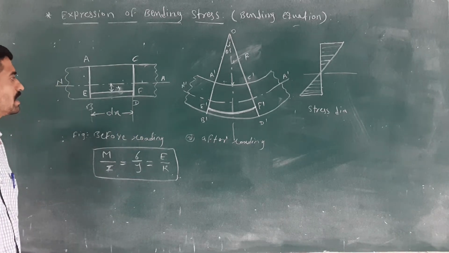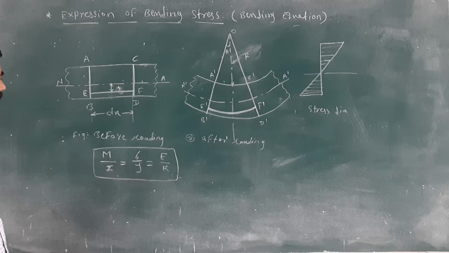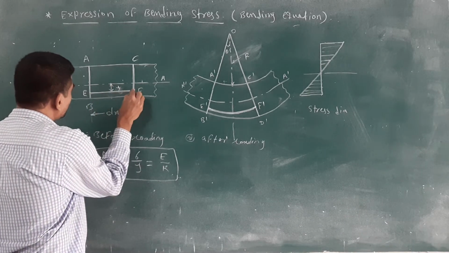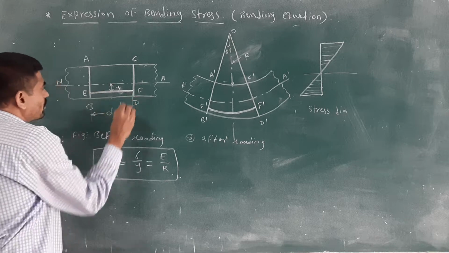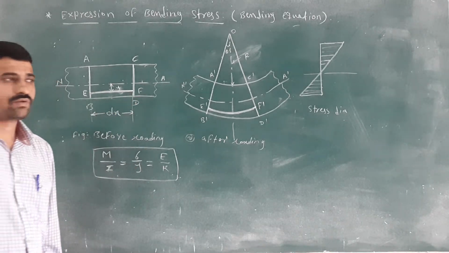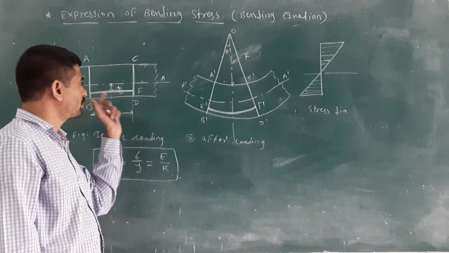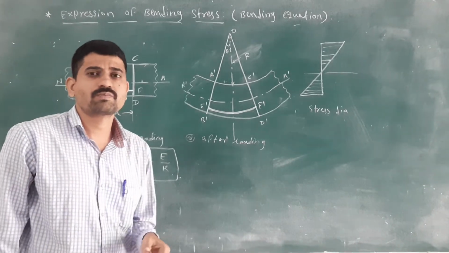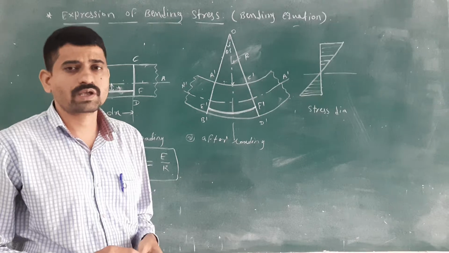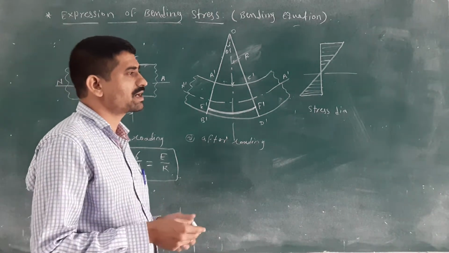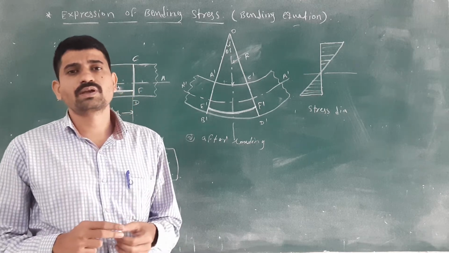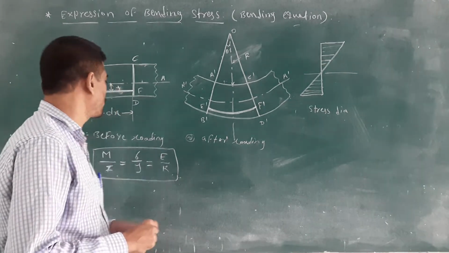We will consider one neutral layer from that body, EF. We are not solving the whole equation, that's why we consider only a small part from that body, and when you integrate that small part, you will get the whole equation for that body.